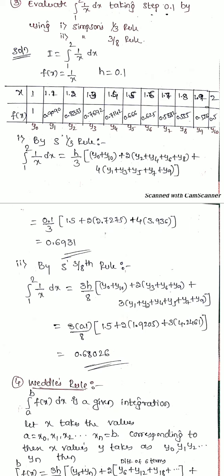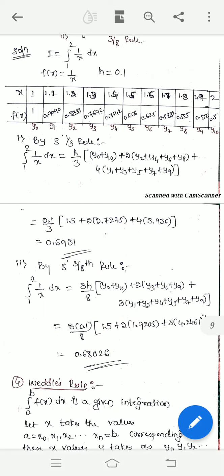Now in the example they are asking for two methods. One is by using Simpson's 1/3 rule. So we are going to find the Simpson's 1/3 rule formula.